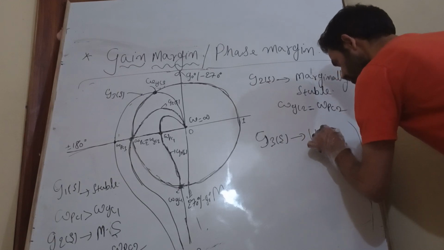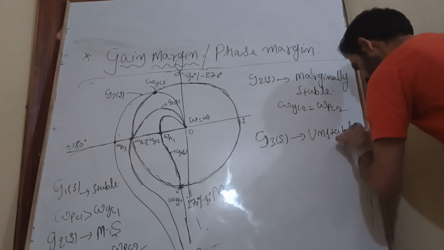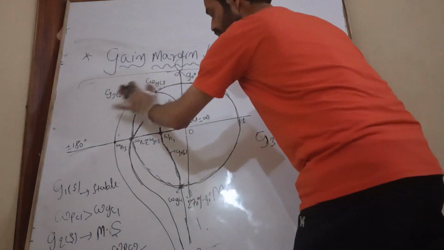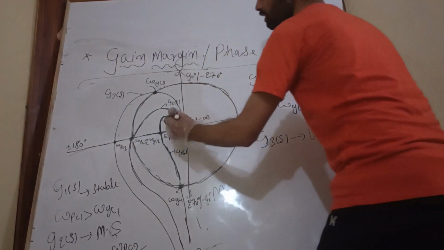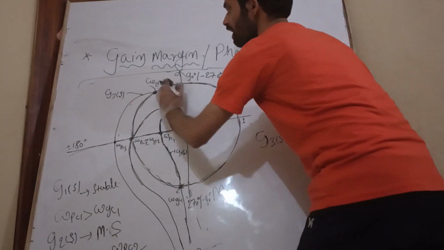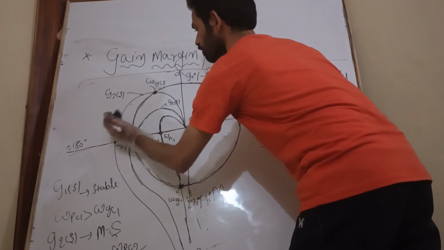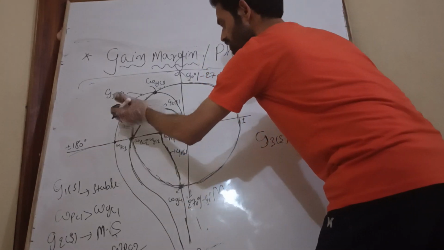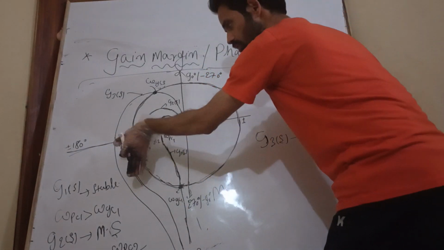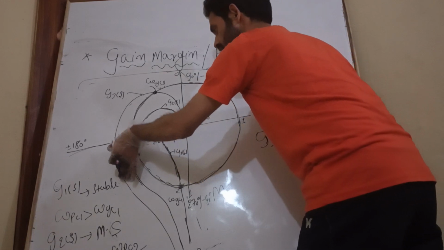is an unstable system. Okay, by visualizing this graph properly, you can see this is the unit circle, and this curve is cutting the real axis beyond the unit circle. So one way of seeing the instability of this system is this way.